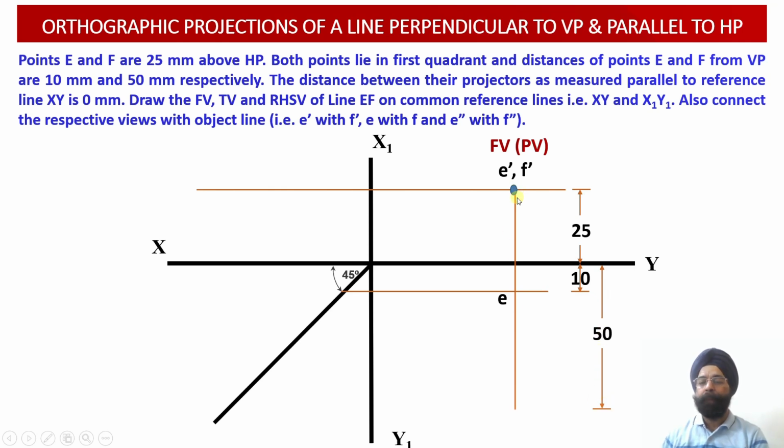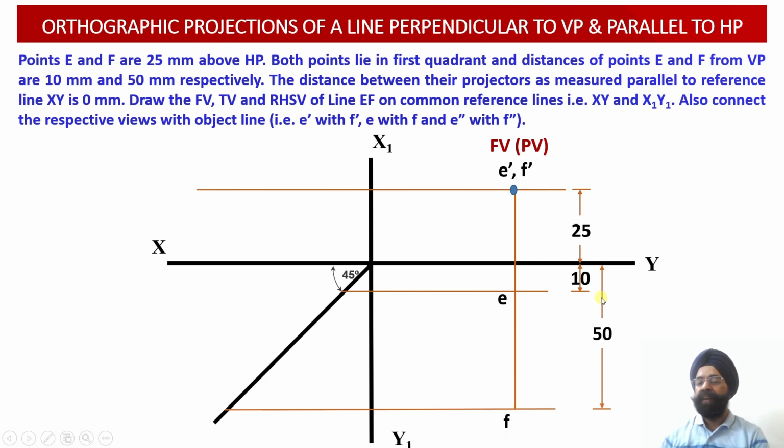So onto the same projector line from the F dash point, we are going to move in this direction. We will be measuring a distance of 50 millimeter from this particular XY reference line. So this is going to define the 50 millimeter distance of this point F from the vertical plane.